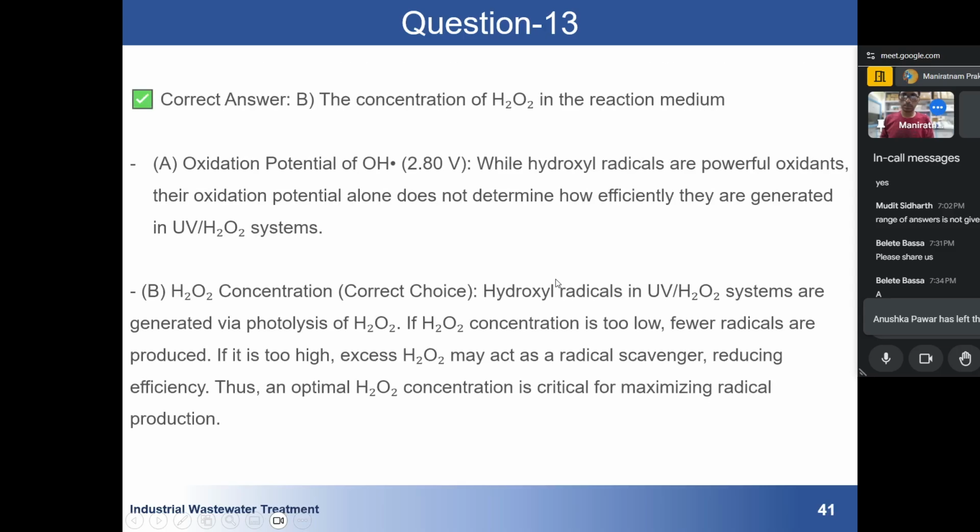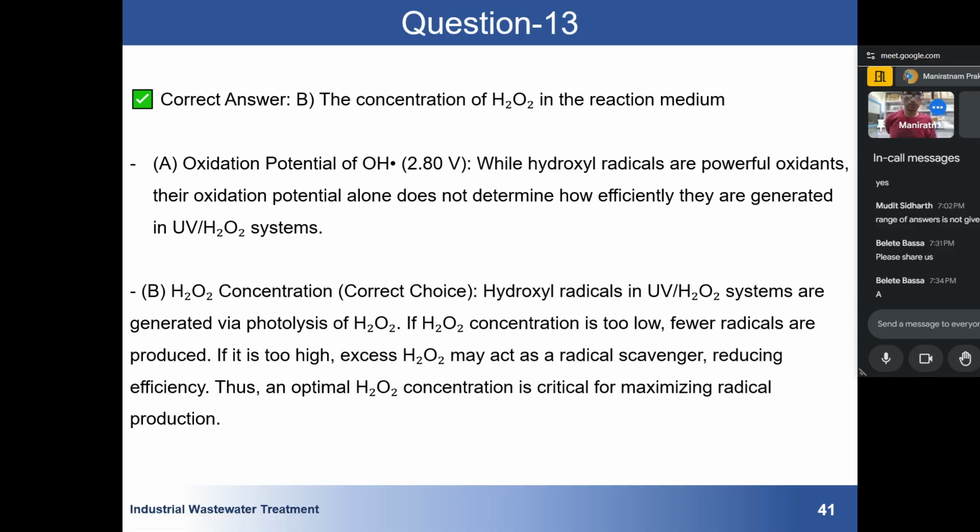The correct answer is B. Hydroxyl radicals in UV/H2O2 systems are generated by photolysis of H2O2. If the H2O2 concentration is too low, fewer radicals are produced. If it is too high, excess H2O2 may act as a radical scavenger, reducing the efficiency. Thus, an optimal H2O2 concentration is critical for maximizing radical production.